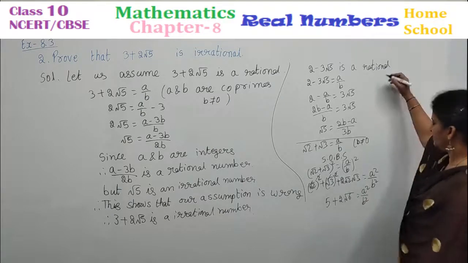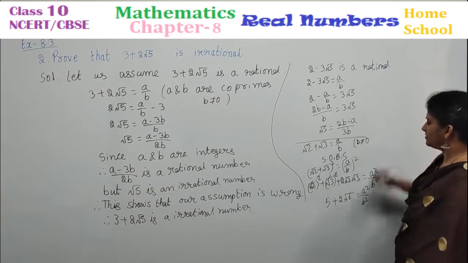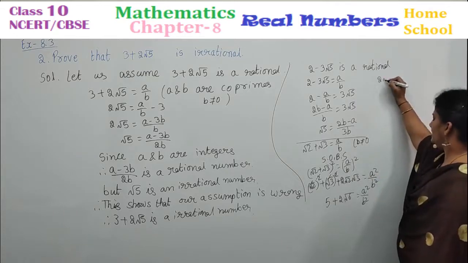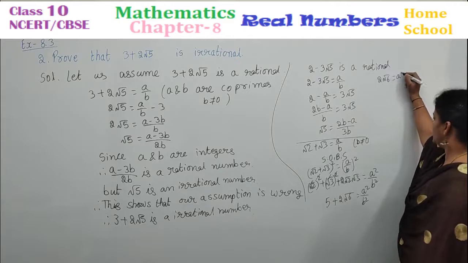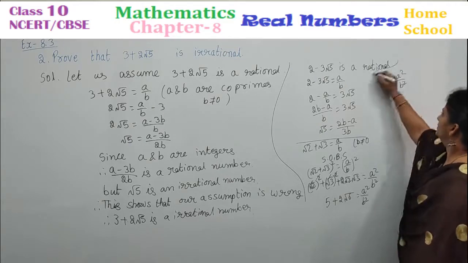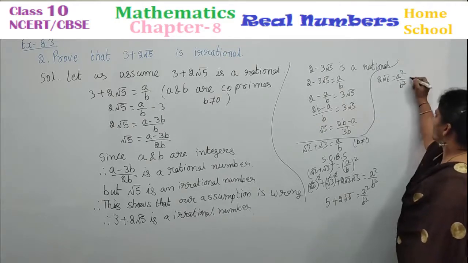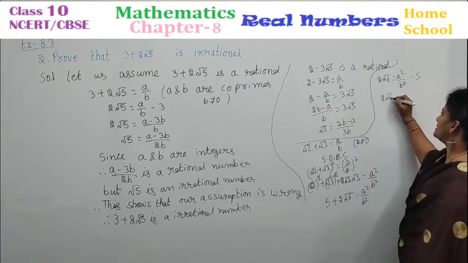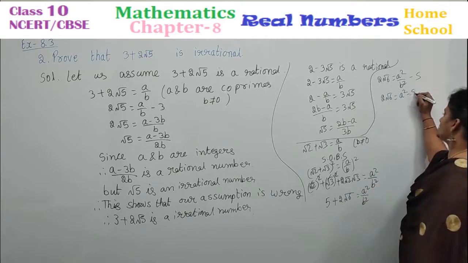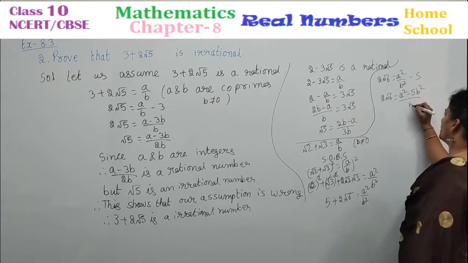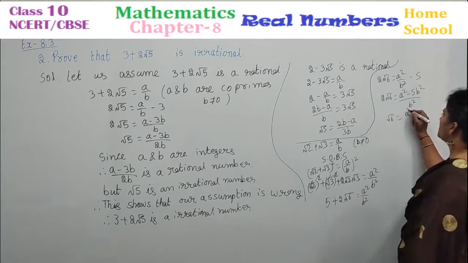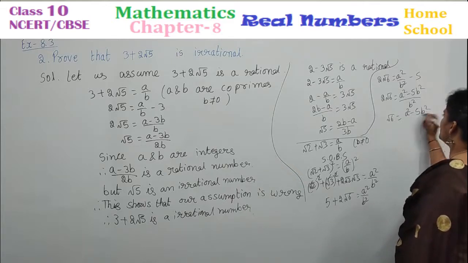Now this one, how can you write this one, children? 5 plus 2 root 6 is equal to a square by b square. 5 send to the other side, it will be subtracted. 2 root 6 is equal to (a square minus 5b square) by b square. Your final answer will be (a square minus 5b square) by 2b square.